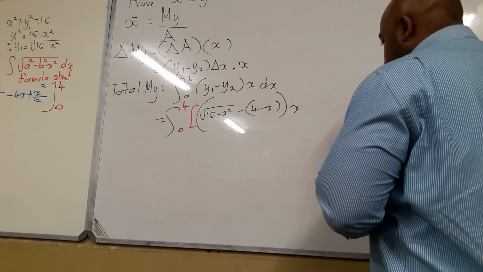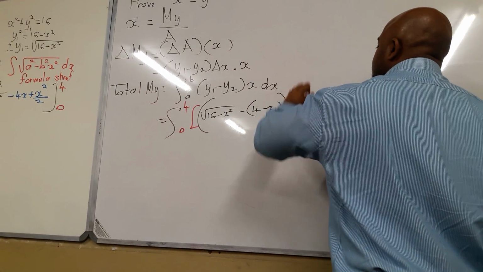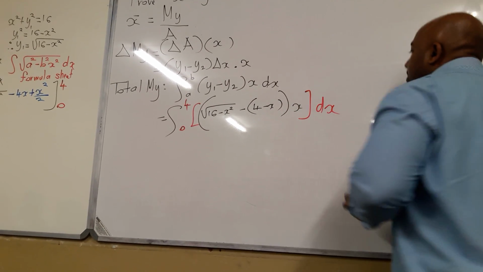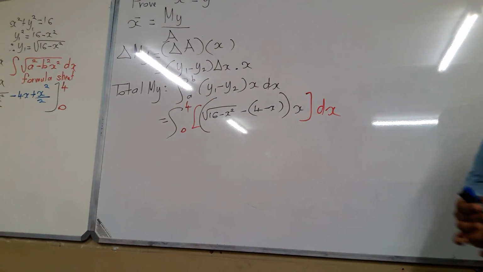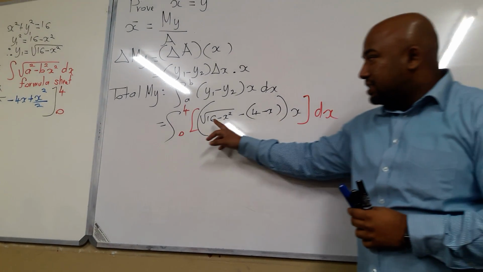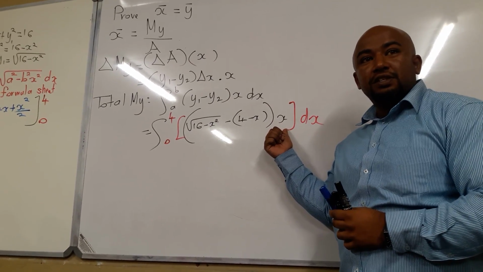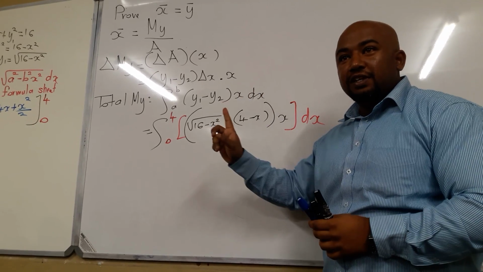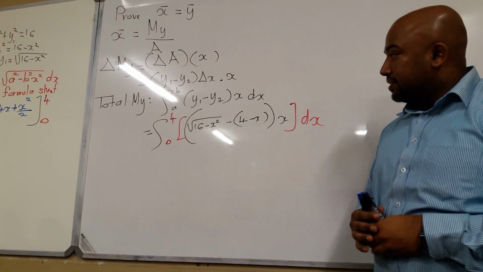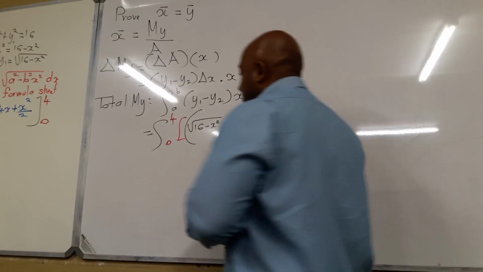Okay. So what must we do? We can't just integrate these because we have to multiply out first. Can you see that? You must simplify first and then you integrate second. Simple multiplication.